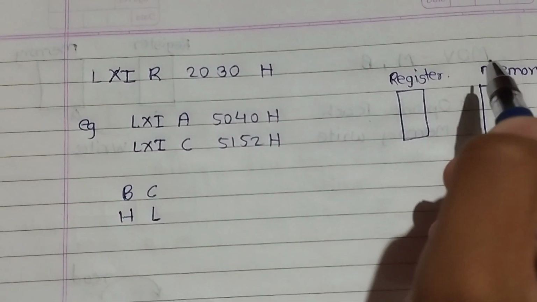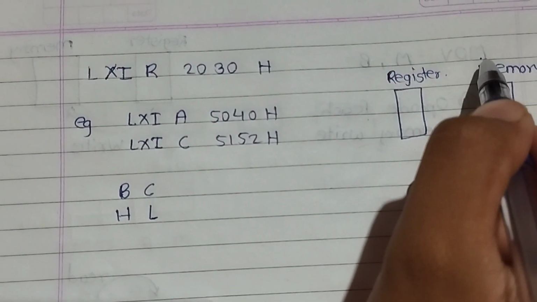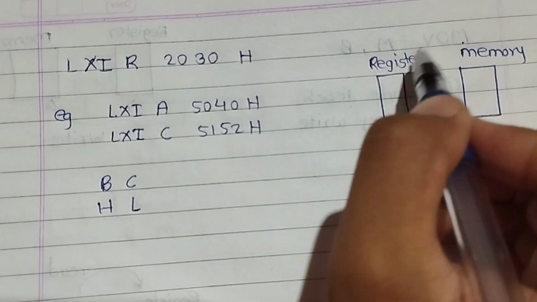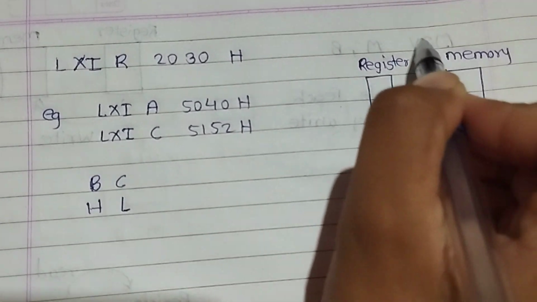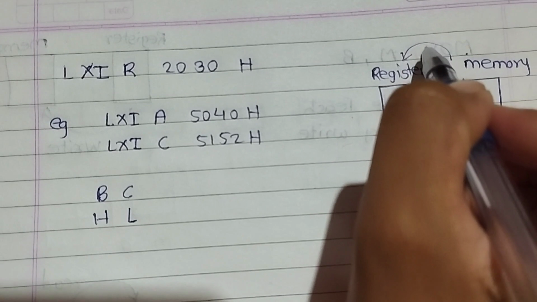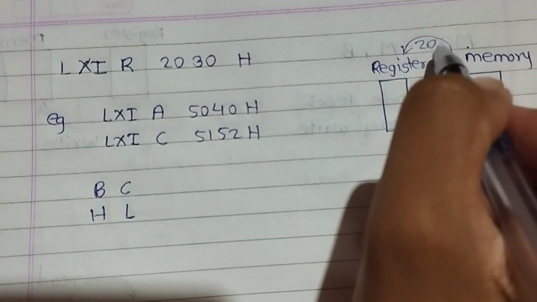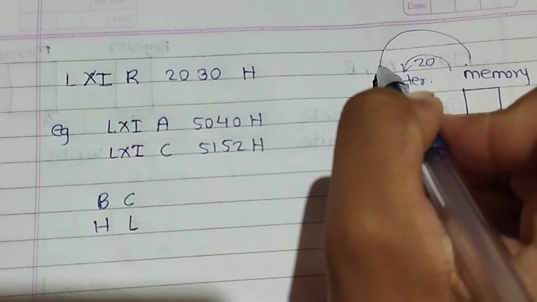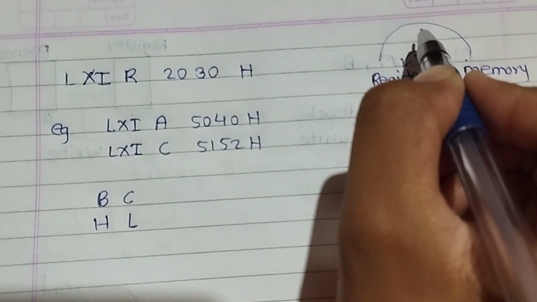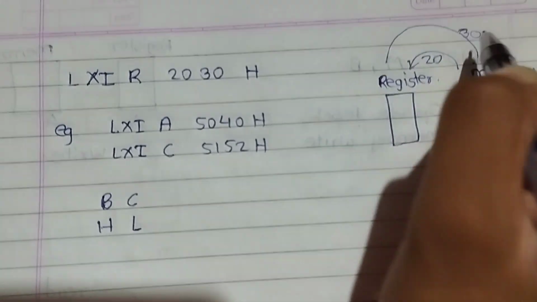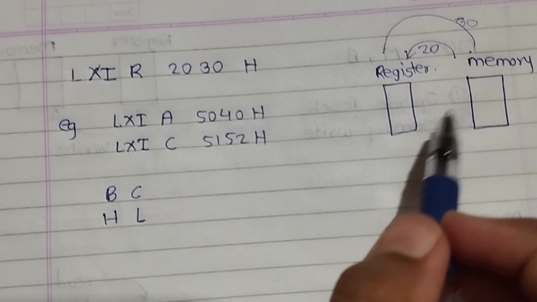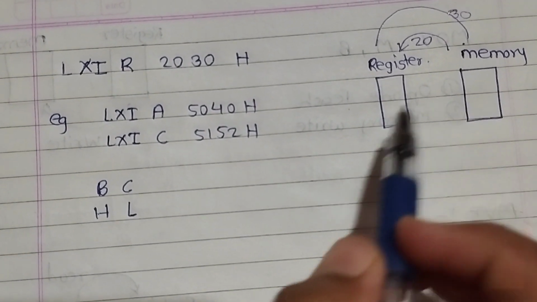So the first 8 bits go from memory to register, meaning first goes 20, which is the higher data, then next time goes the lower data, which is 30. In this way we transfer this 16-bit data to the register.